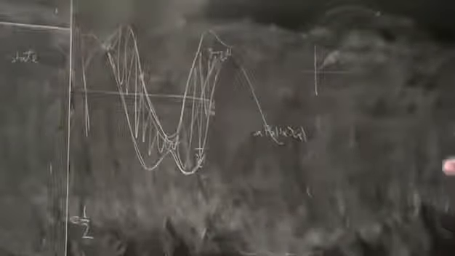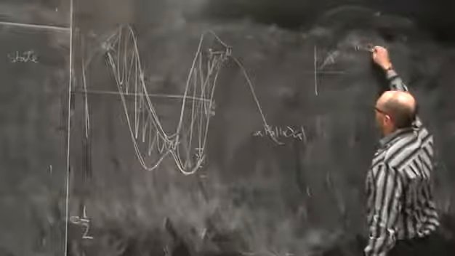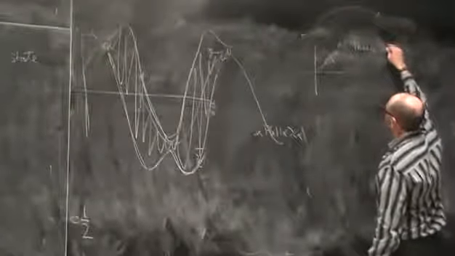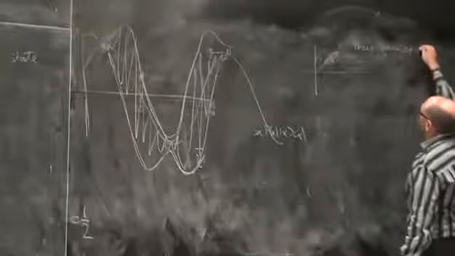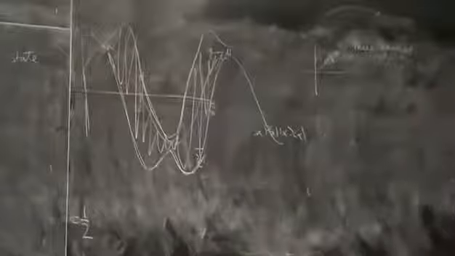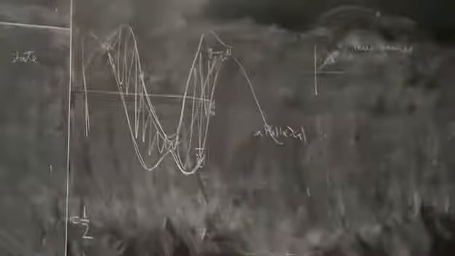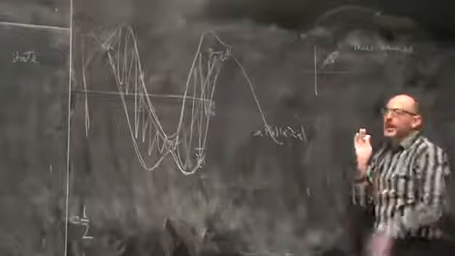Okay? Compared to a coherent state, this is known as a phase squeezed state. So this is phase squeezed. Okay? That's the jargon. It's supposed to be amplitude squeezed, because we kind of know the phase better than the amplitude.